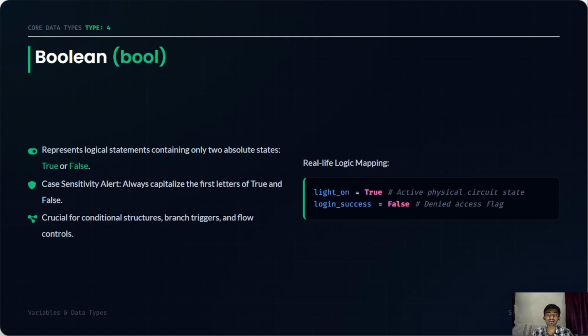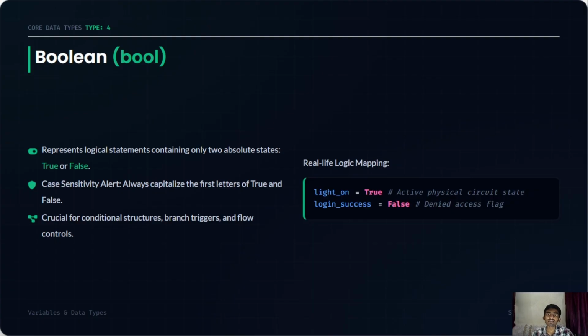Let's understand this using a very easy example. Suppose you log into your Gmail account. If your password is correct, login successful. That's true. If your password is wrong, login failed. That's false. Another example: think you are in a classroom. Are the lights switched on? If yes, then the statement is true. If no, then the answer will be false.